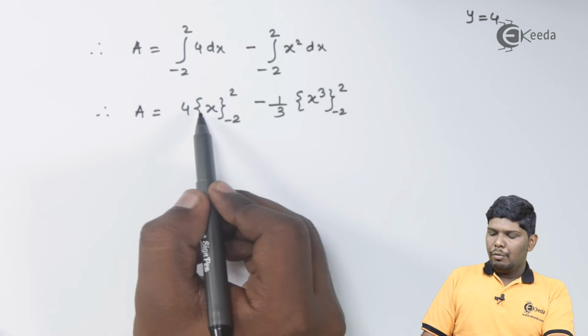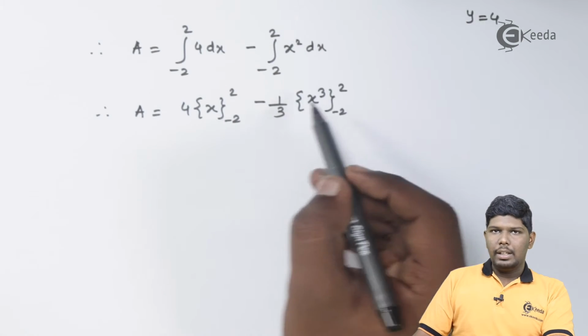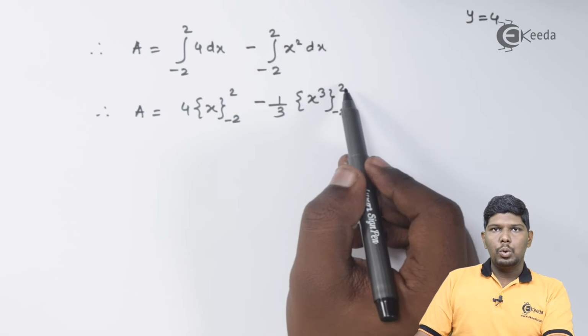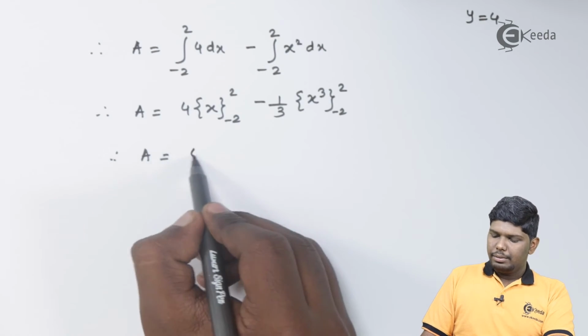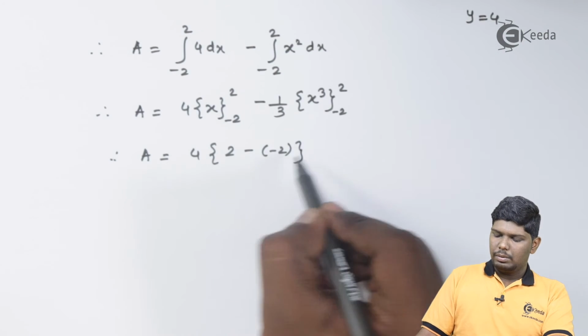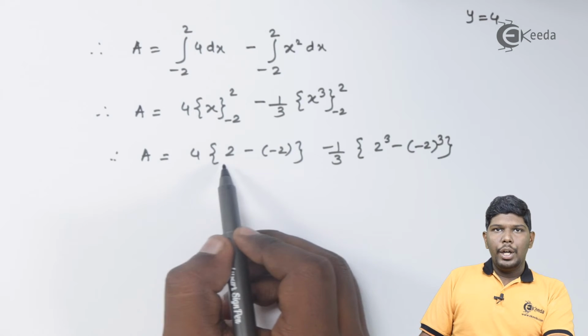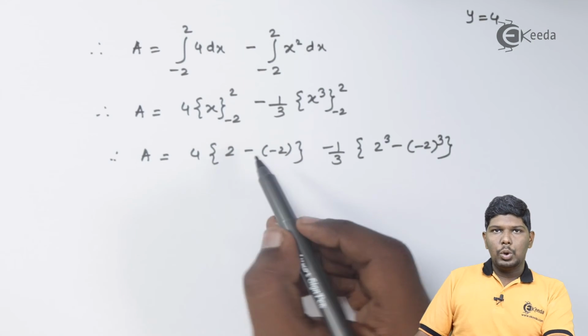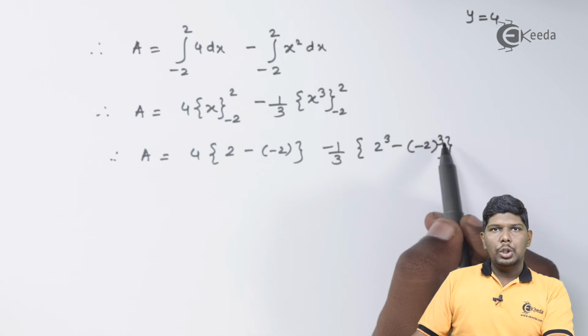On integrating, we have 4x within limits minus 2 to 2, minus 1 by 3 x cube within limits minus 2 to 2. On substituting upper and lower limits, we have 4 into 2 minus of minus 2, minus 1 by 3 into 2 cube minus of minus 2 the whole cube.